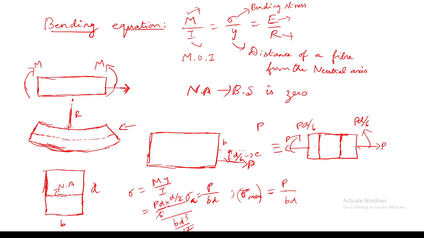So I'm drawing it like this. Since it's a compressive load, I am drawing it like this, the variation. So this is P by BD and here also P by BD. And if you draw the axial loading, it will be something like this.